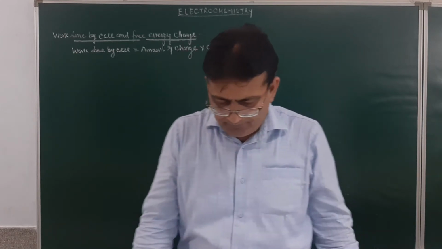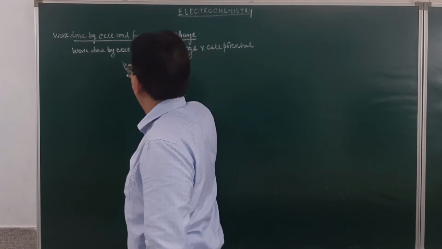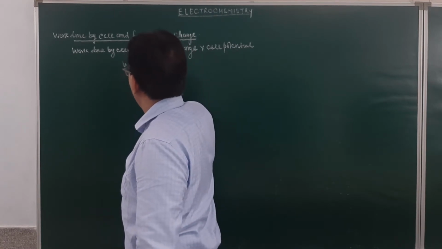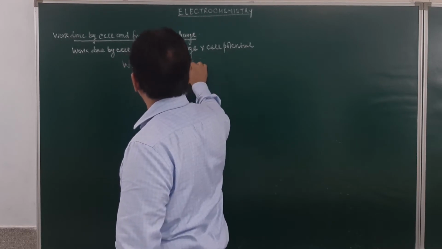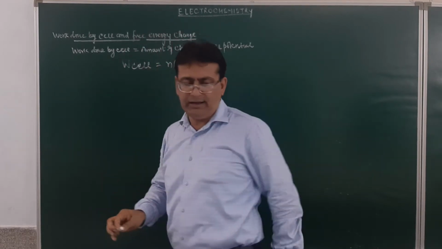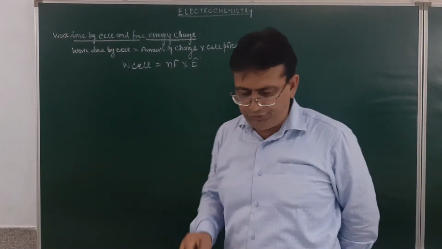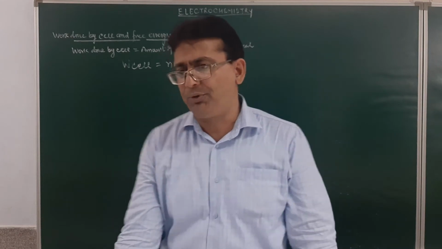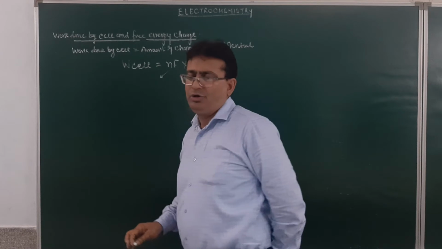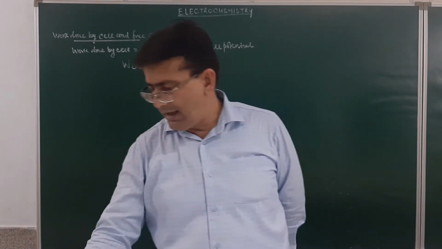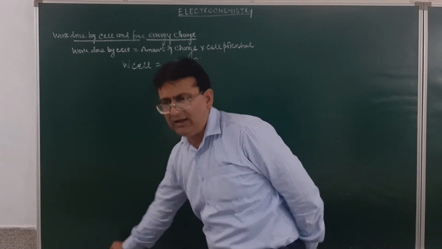That is N into F into E, E is the cell potential. Here N is the number of electrons lost or gained during a redox process. F is the Faraday of charge and E will be the cell potential.